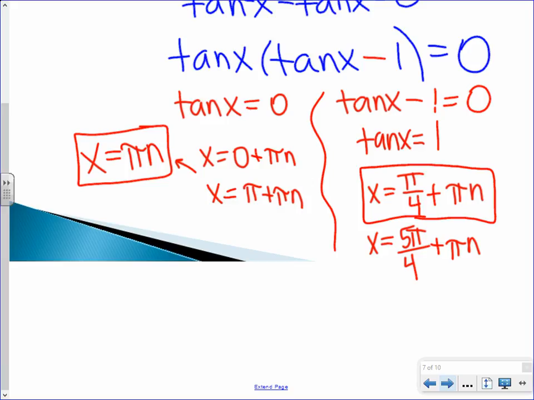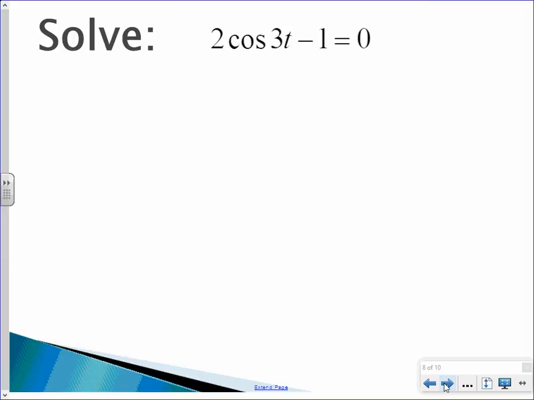All right. Last example. Okay? One curveball that I'm going to throw at you. It's not really a curveball, it's just something different. Why is this one different? They all have variables.